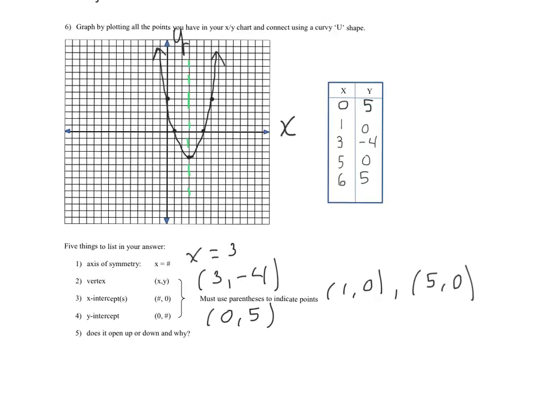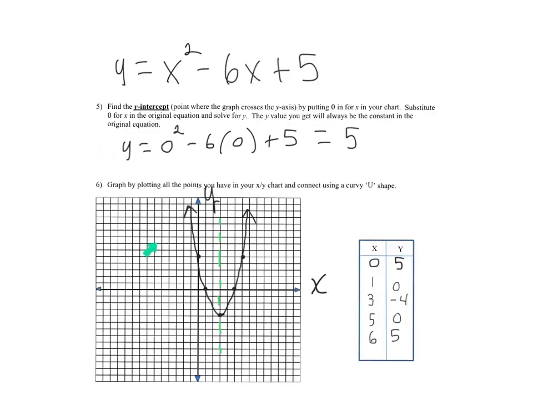And if A is negative, the parabola opens down. For this problem, our A was the leading coefficient of x squared, which was 1. It was a positive 1. So if this leading x squared term is positive, the parabola will open up. If it starts out negative, it will open down. So we know before we even graph this that it should have opened up.